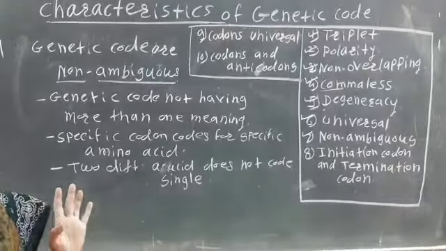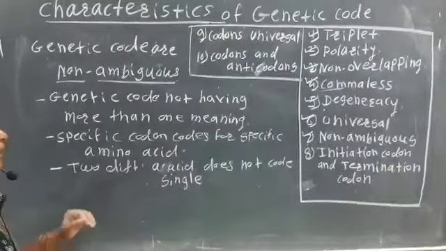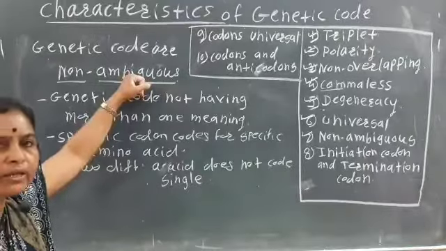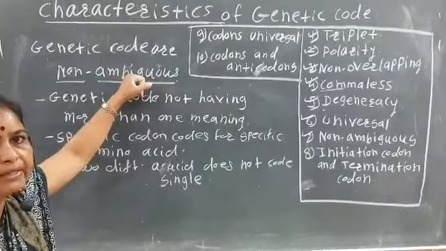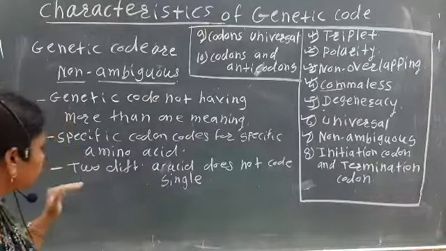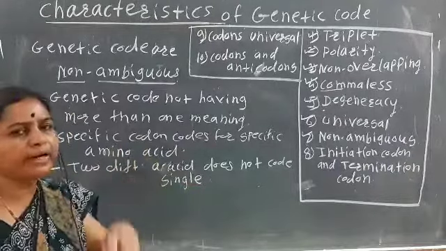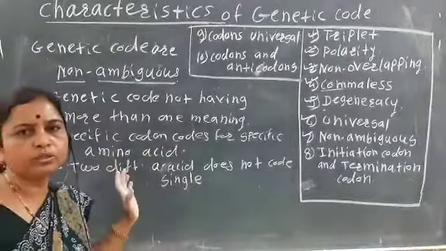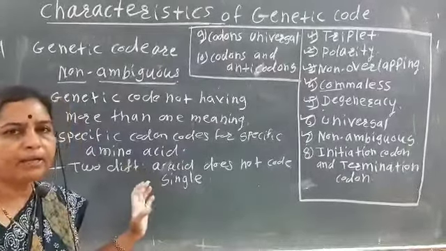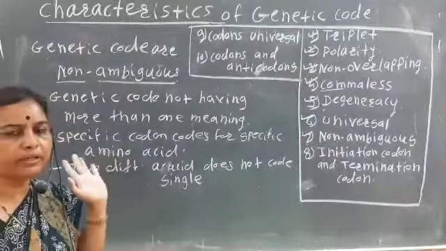Okay, so here the genetic codons are non-ambiguous. म्हणजे जनरली एकच कोडॉन हा दोन वेगवेगळे अमायनो ऍसिड कोड करू शकत नाही. ओके, परंतु एक अमायनो ऍसिड तीन कोडॉन मात्र रीड करू शकतो.